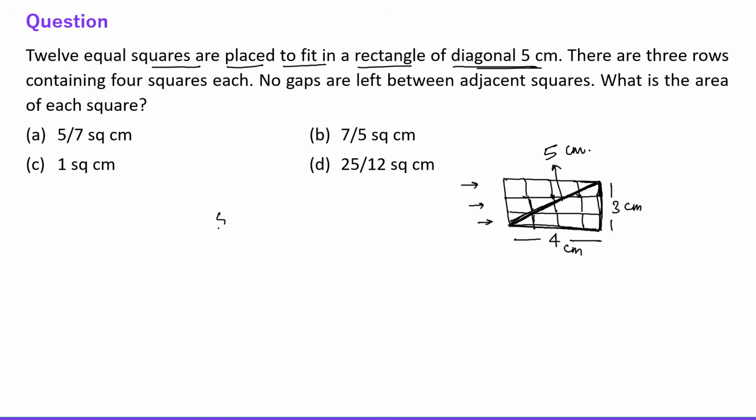By Pythagoras theorem, 5 is equal to under root 3 square plus 4 square, which is satisfying the Pythagoras theorem. So here this is 3 centimeter and this is 4 centimeter. It means each side of the square is 1 centimeter. Fine. So this is a good question, provided you can visualize it. Okay. Now let's move to the other one.